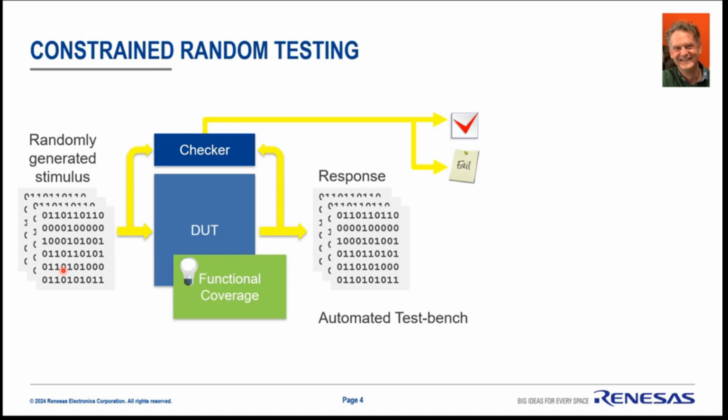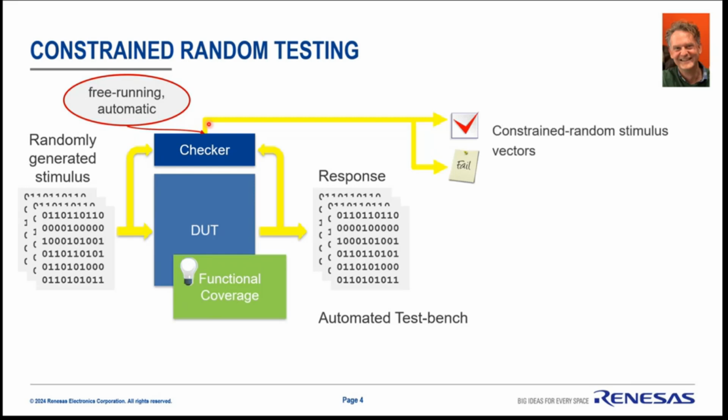We have to then have an independent checker because we don't know up front what the stimulus is going to be, so we can't have any expected responses woven into the stimulus stream. So we have an independent checker that's monitoring the response or the output of the device under test. And that's sitting there passively checking and making sure that the test is progressing normally.